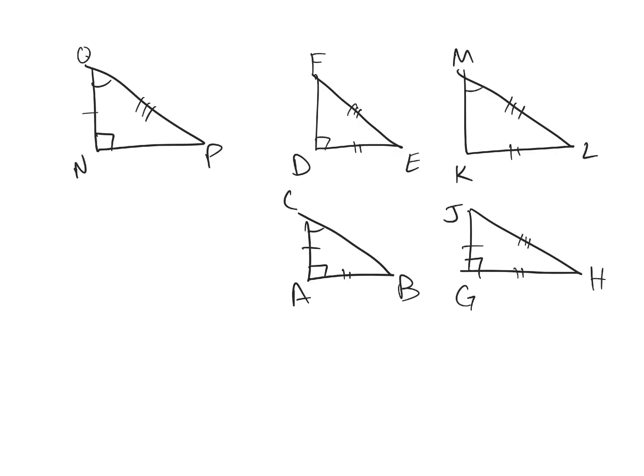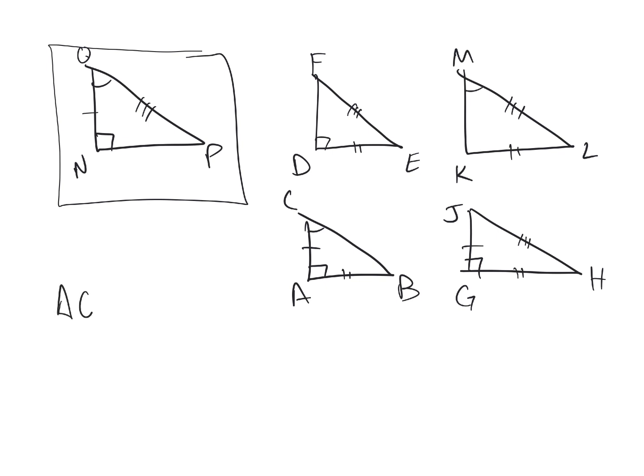Okay, so what you're supposed to do is decide which triangle is congruent to triangle QNP and why. So the first one has to be hypotenuse leg, which does not work, and neither do any of the others. In this MKL, you have an angle, a side, and a side, which you cannot use, angle side side.